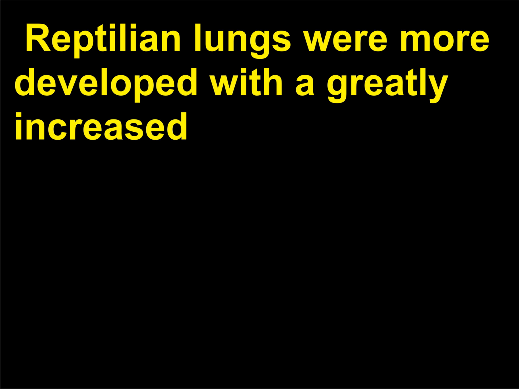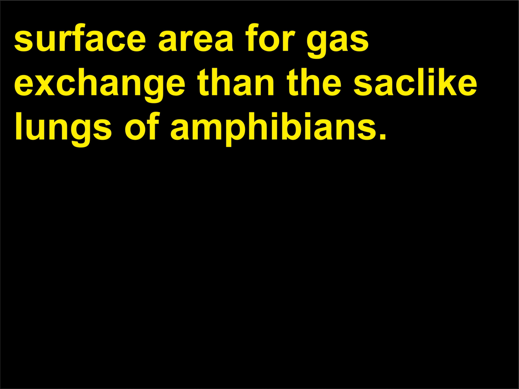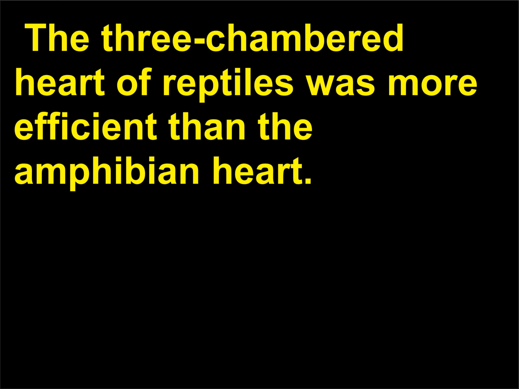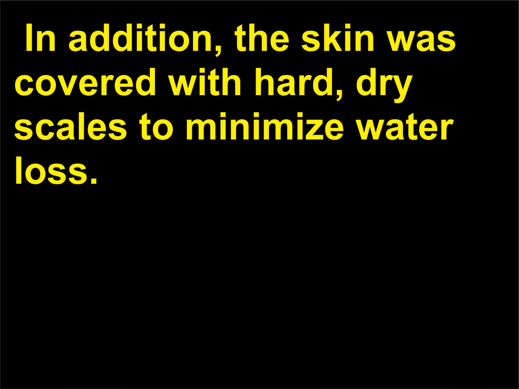Reptilian lungs were more developed, with a greatly increased surface area for gas exchange than the sac-like lungs of amphibians. The three-chambered heart of reptiles was more efficient than the amphibian heart. In addition, the skin was covered with hard, dry scales to minimize water loss.